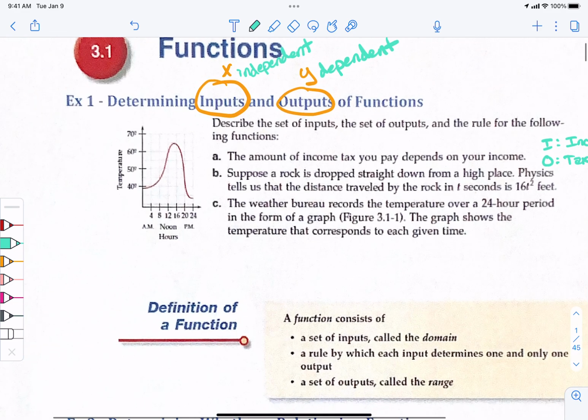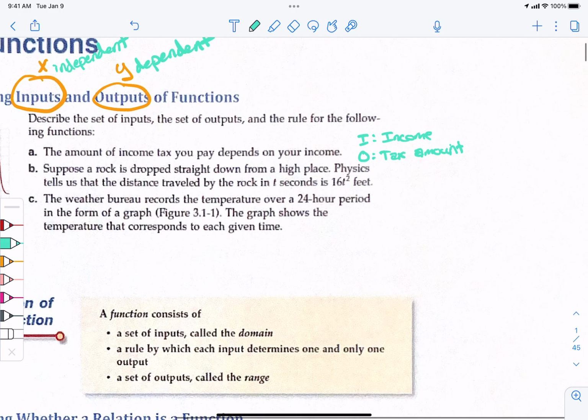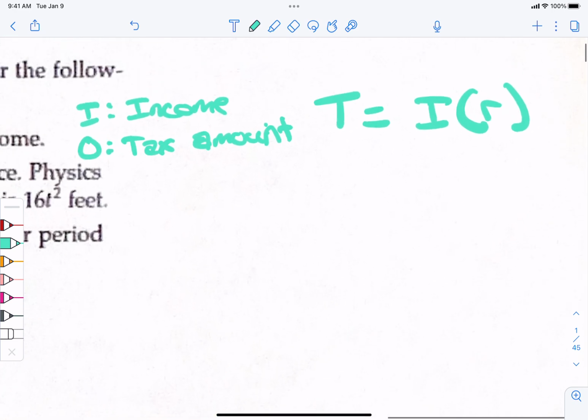The rule for the following functions. The rule would be, let's do tax equals income times the rate. So whatever the tax rate is, that would be the rule for that scenario. The amount of money you pay in taxes is your income times the tax rate.